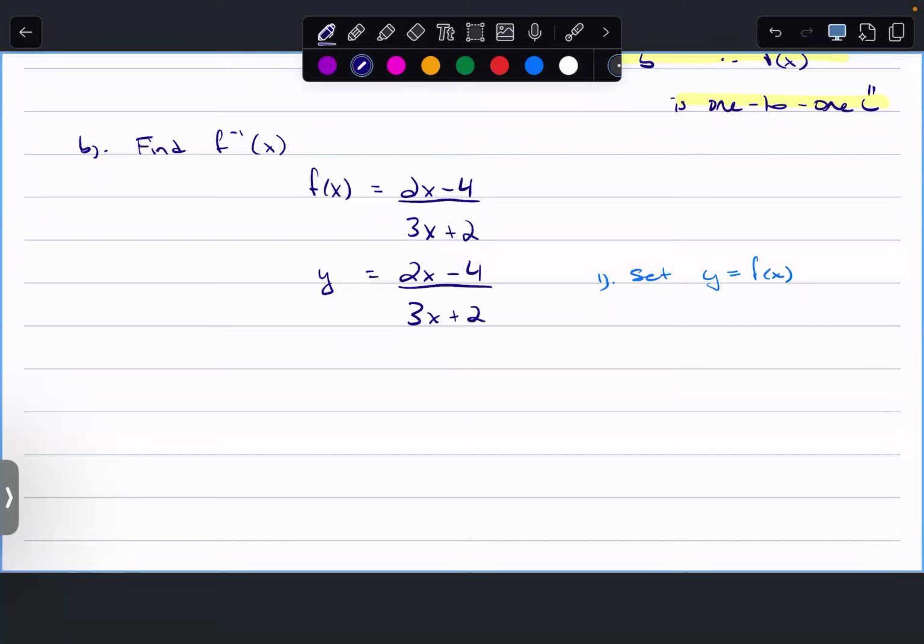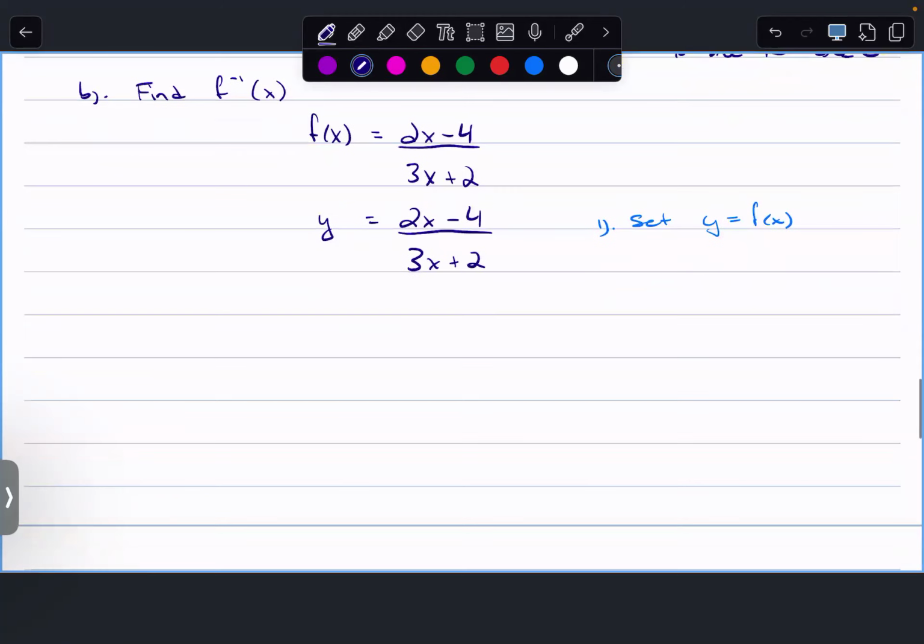Next step that I do is I swap the x's and y's. Or if you prefer to just solve for x, that's the same thing, right? I'm about to solve for y, so it doesn't matter. But you're always going to want to solve for whatever the variable is that's not already solved for, right?